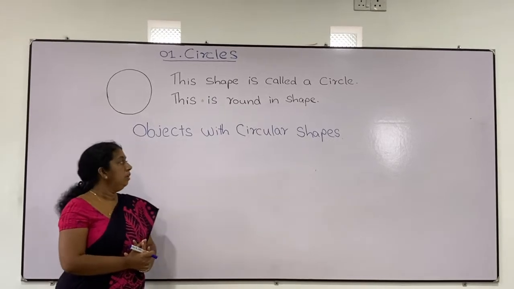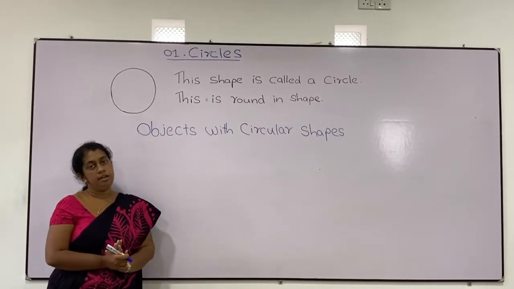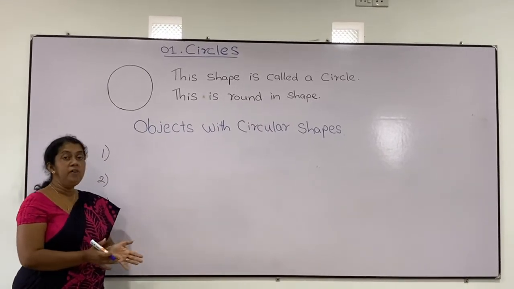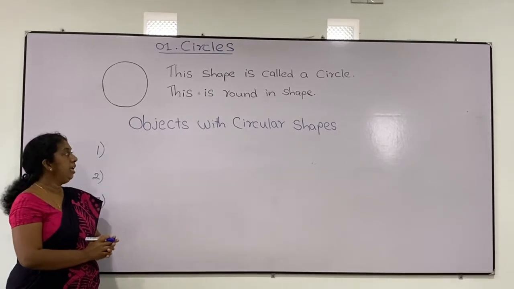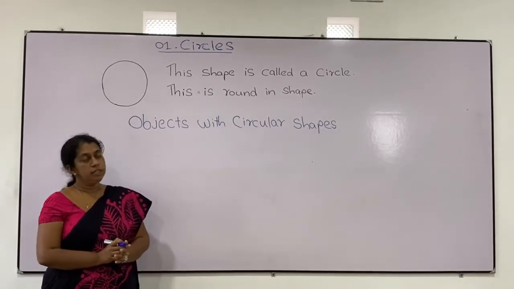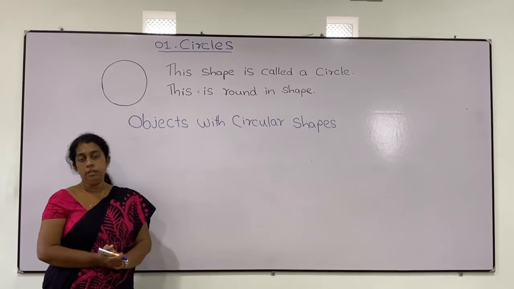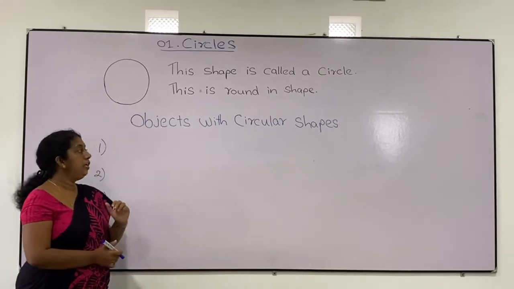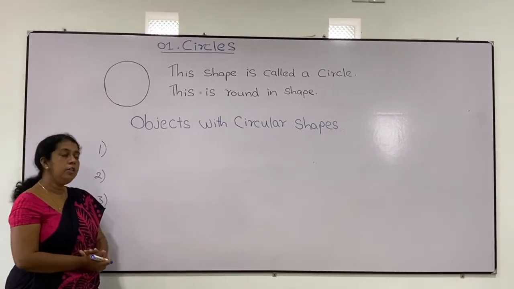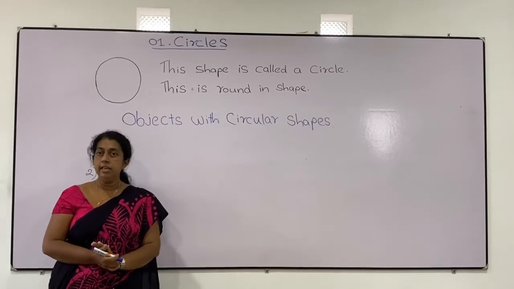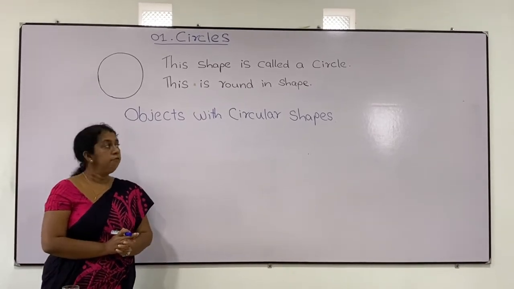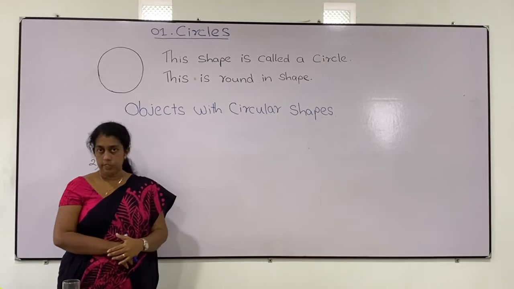Right. Now, in your day-to-day life and in your environment, you have seen many objects in circular shapes. So, we shall consider what objects we can see in the environment with circular shapes.